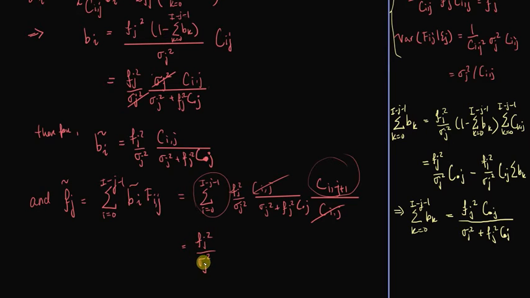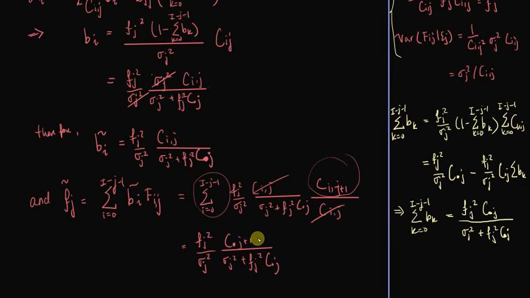So we can write that as C dot j plus 1 divided by sigma j squared plus fj squared C dot j.